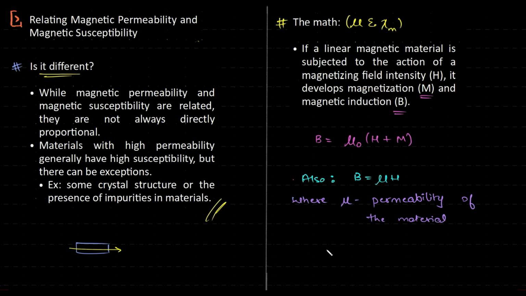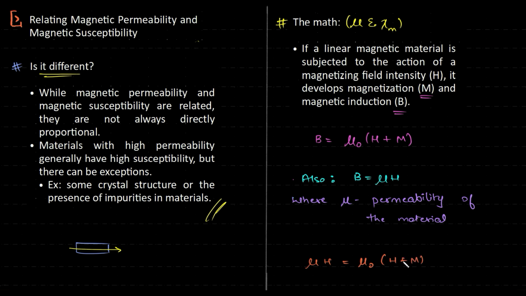Does it make sense? Same source. This is in the raw form, equivalent to the raw form. This is without the raw form. This is as a whole, the entire setup. This is the expression. So we have mu H that I can equate to mu naught (H plus M).